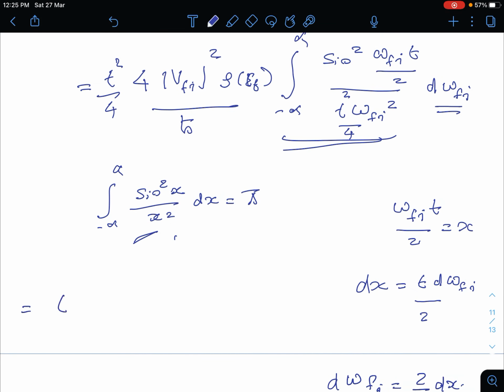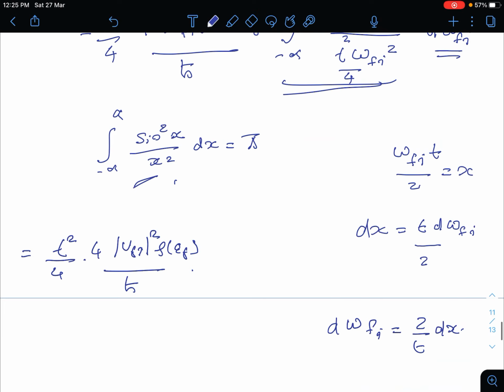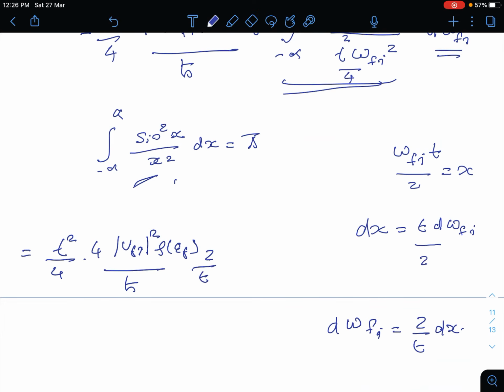So that is t squared by 4 into 4 |V_fi|^2 rho(E_f) by h cross into 2 by t, integral from minus infinity to plus infinity of sin^2 x by x^2 dx, and this is obviously pi.